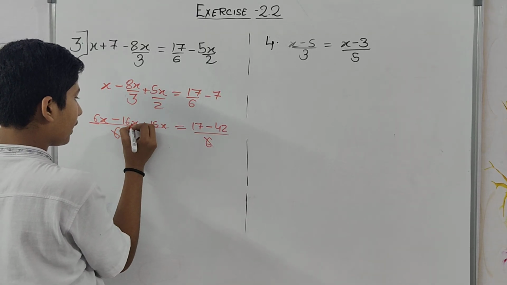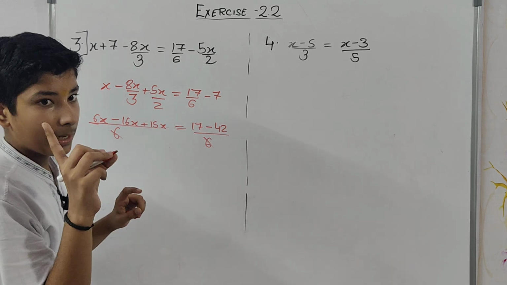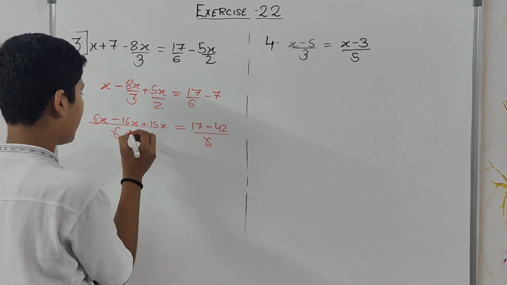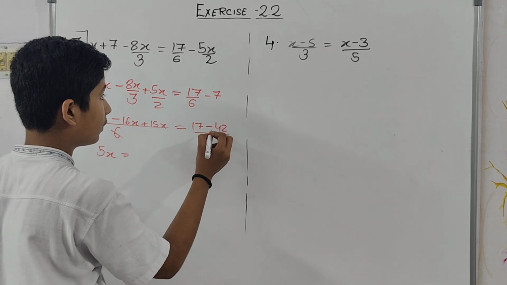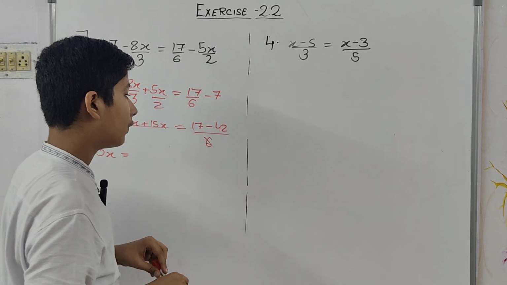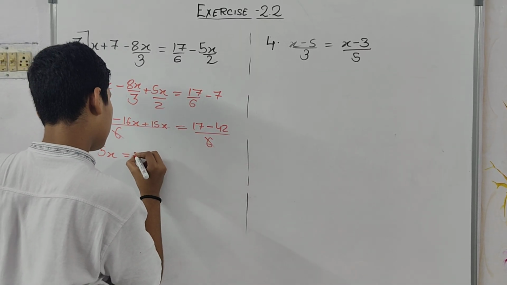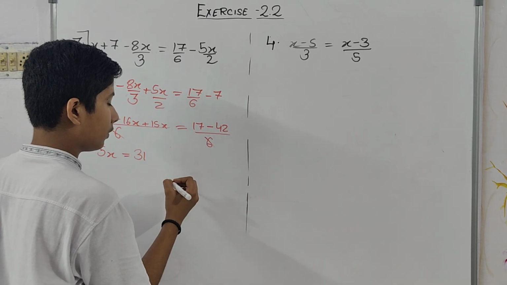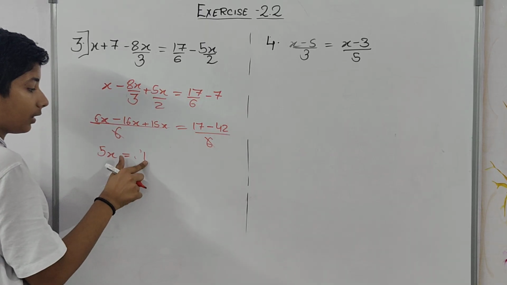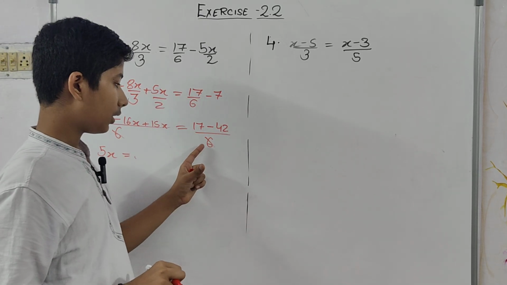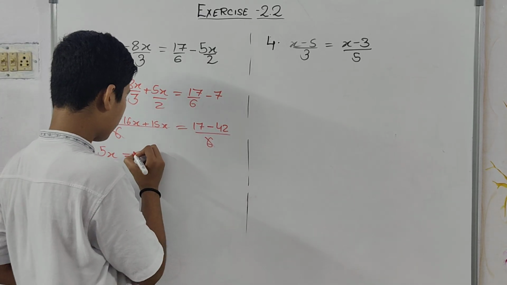Now 15x minus 16x will be minus x, and 6x minus x will be 5x equals, wait, not 31, it will be minus 25.